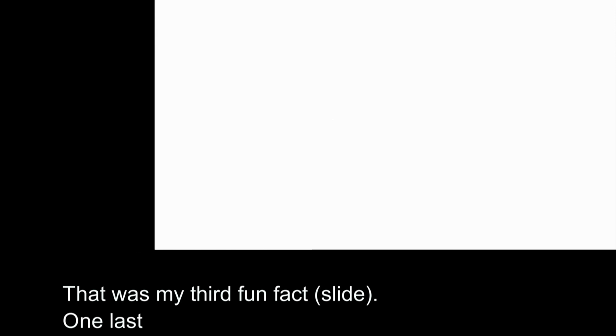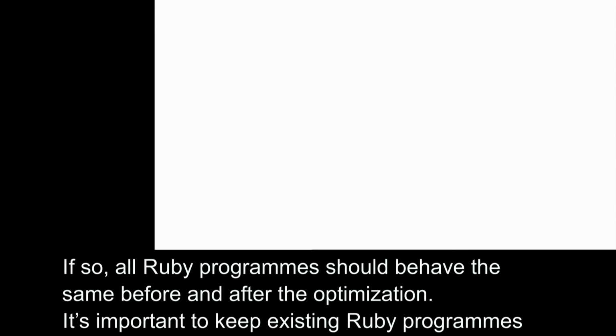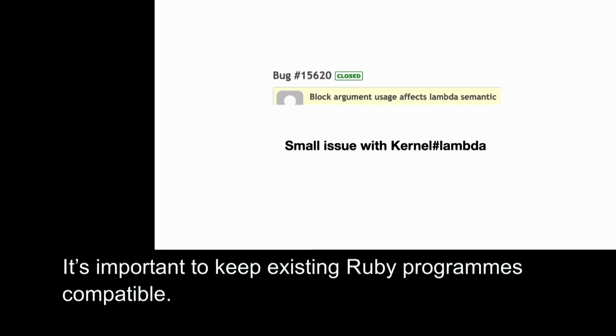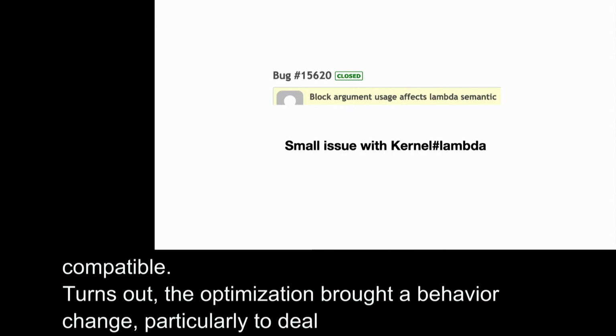Alright, I have one last thing to talk about. You might be curious as to whether this optimization is fully semantics preserving. If it is, then all possible Ruby programs should behave the same before and after the introduction of the optimization. This is important for keeping compatibility with the existing Ruby programs. Turns out the optimization did bring about a behavior change, particularly to do with the lambda method.